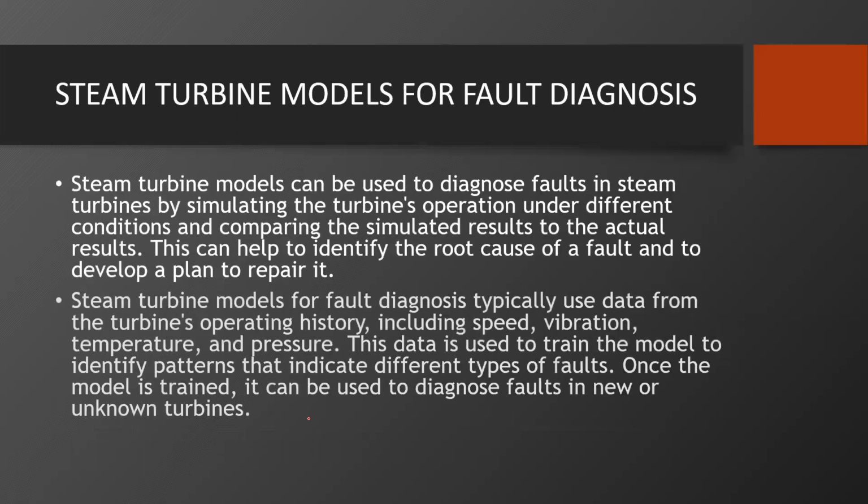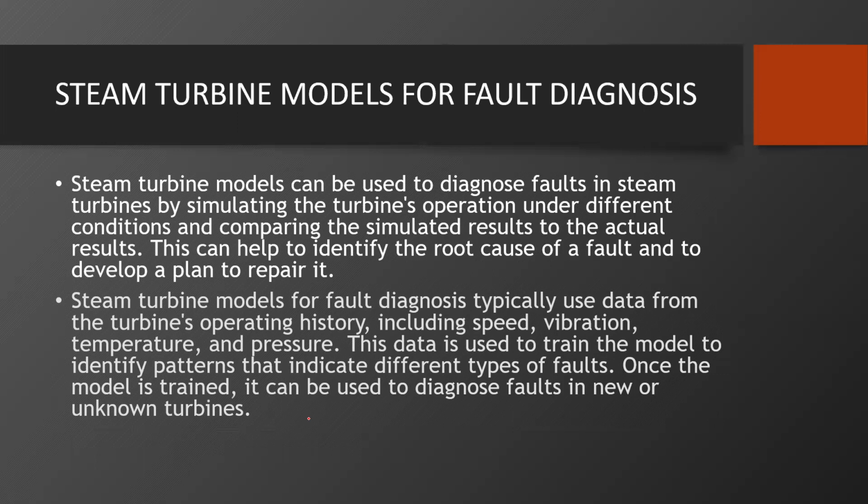Steam turbine models for fault diagnosis. Steam turbine models can be used to diagnose faults in steam turbines by simulating the turbine's operation under different conditions and comparing the simulated results with the actual results. This can help to identify the root cause of the fault and to develop a plan to repair it.